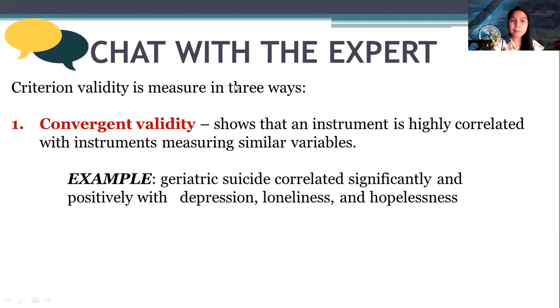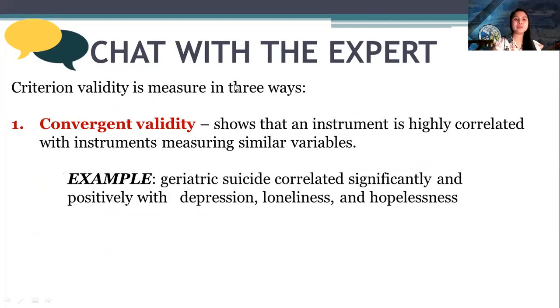How about for criterion validity? Now, what is criterion validity again? Criterion validity happens when your instrument measures the same with other correlated instruments.